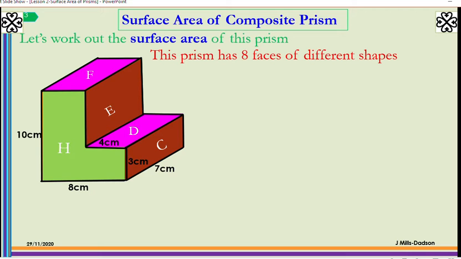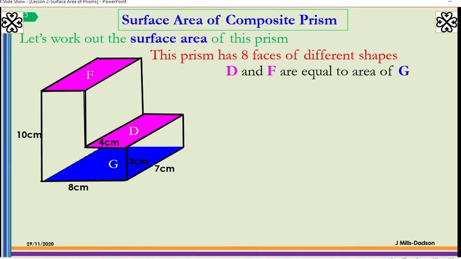So we're supposed to work out the area of all 8 different faces and add them up, and that gives us the surface area. But if you look at it carefully, there should be a quick way of working out the 8 faces rather than going through each particular face one by one. So I'm going to show you how you can spot the quick way.